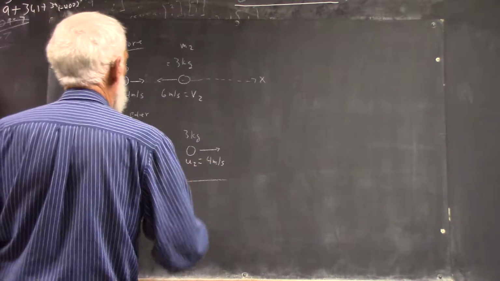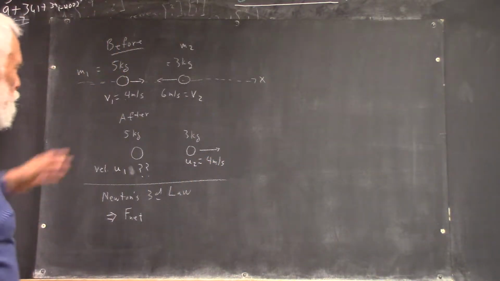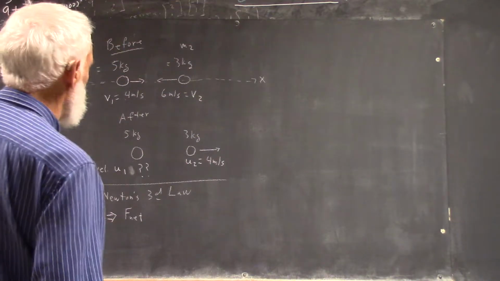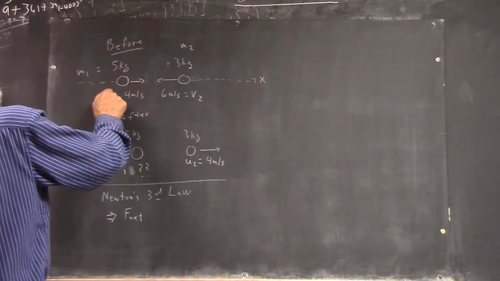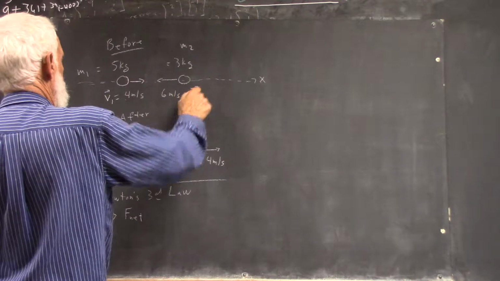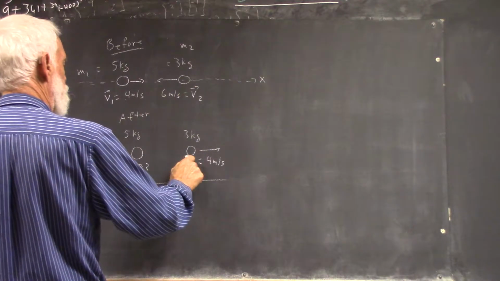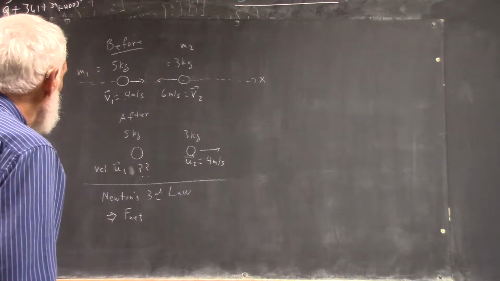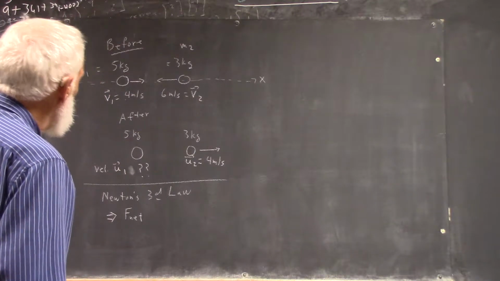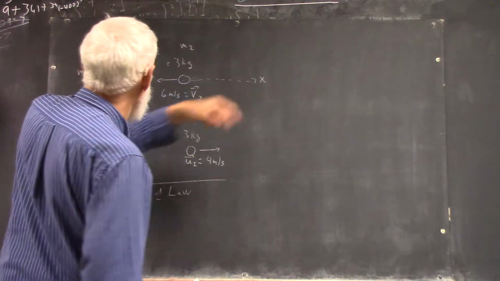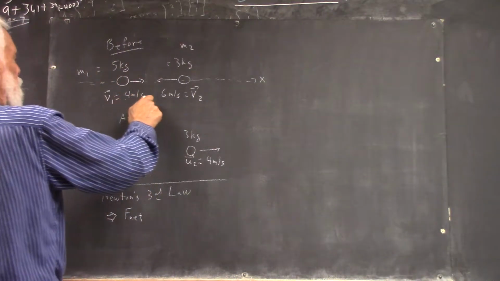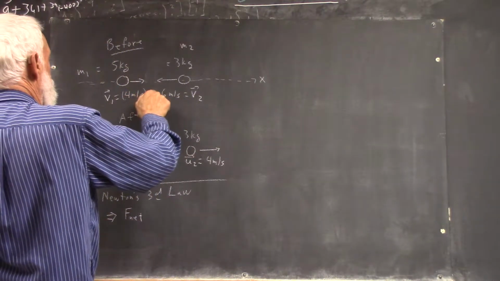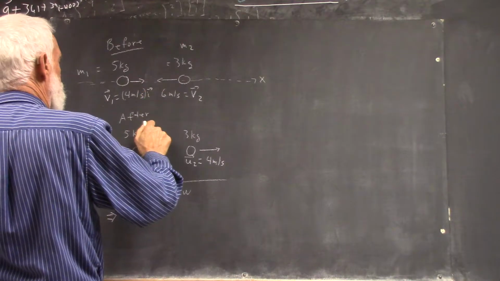Well, the other thing I've got to do, since I'm calling these velocities, they have directions. So velocity has a direction, velocity is then a vector. Okay? If the x direction is here, then V1 is 4 meters per second times the I vector.